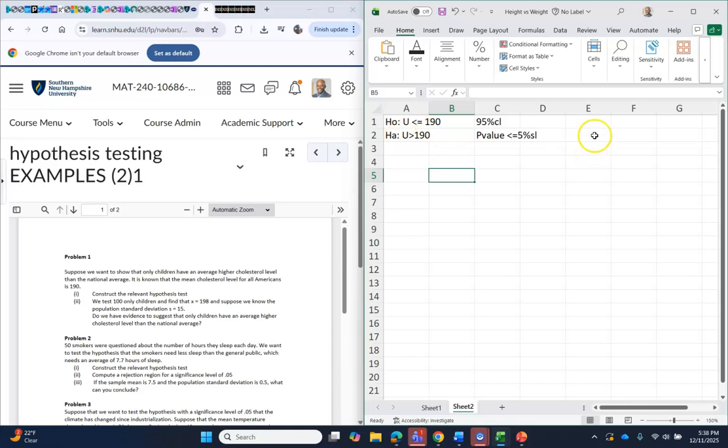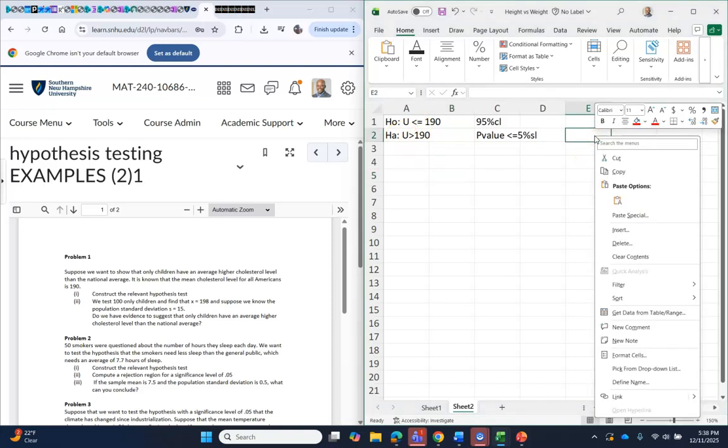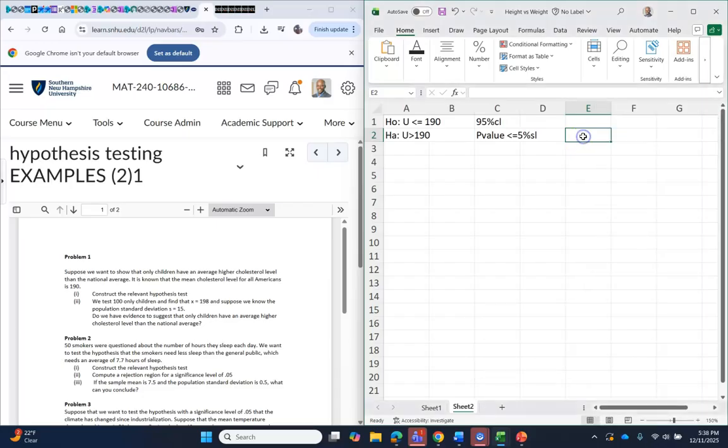You should know that for the null hypothesis, we can write equal when the alternative hypothesis has not equal. But also, we can write less than or equal when the alternative hypothesis is greater. And this one can be greater than or equal when the alternative hypothesis is less.